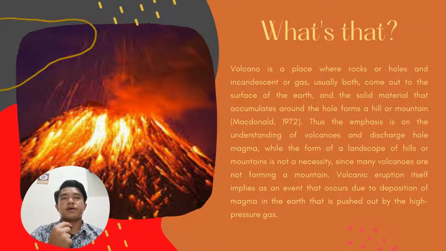Thus, the emphasis is on the understanding of volcanoes as a discharge of magma, while the form of a landscape of hills or mountains is not a necessity, since many volcanoes do not form a mountain.